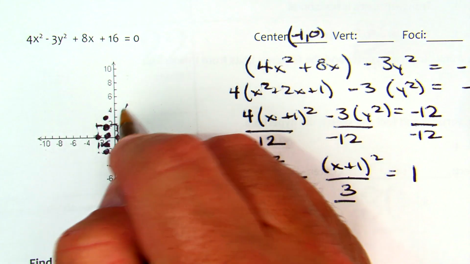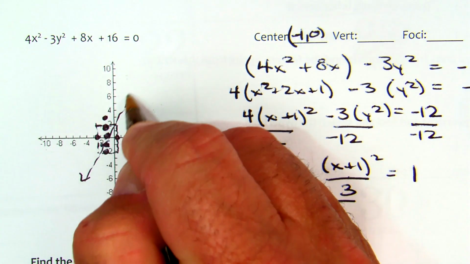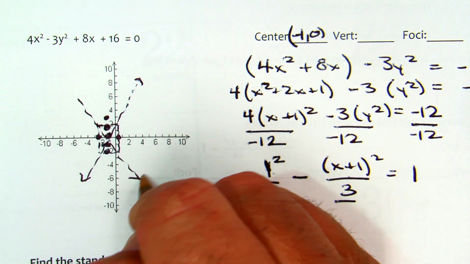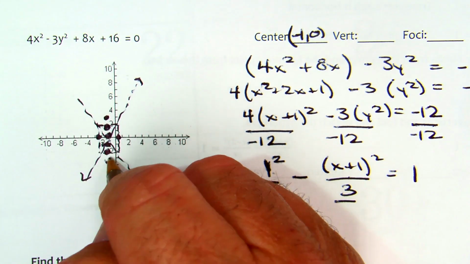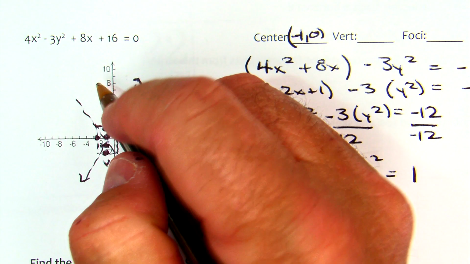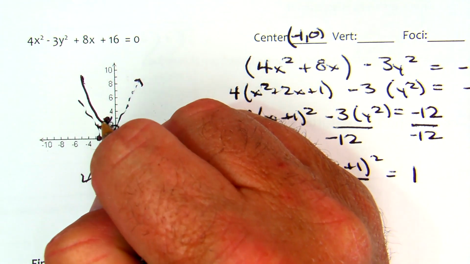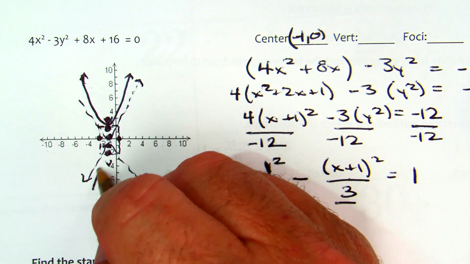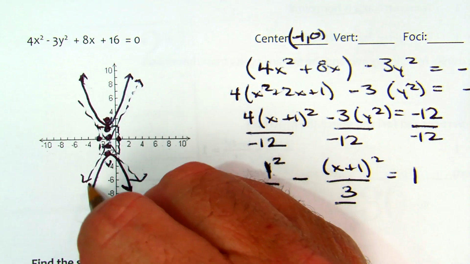I'm then going to create my diagonals. Remember, those are your vertices, so that's where your curve's going to hit. So I'm going to create a curve that hits it there. I'm going to create a curve that hits it there.